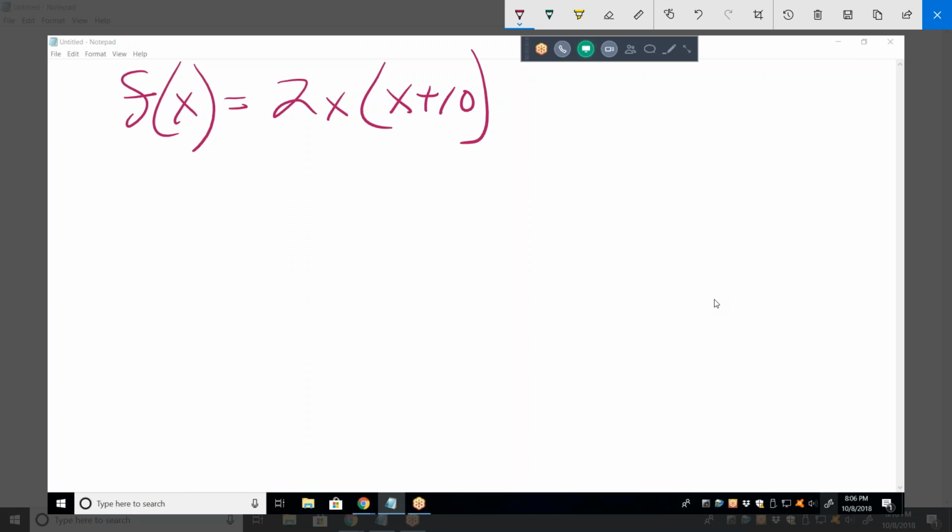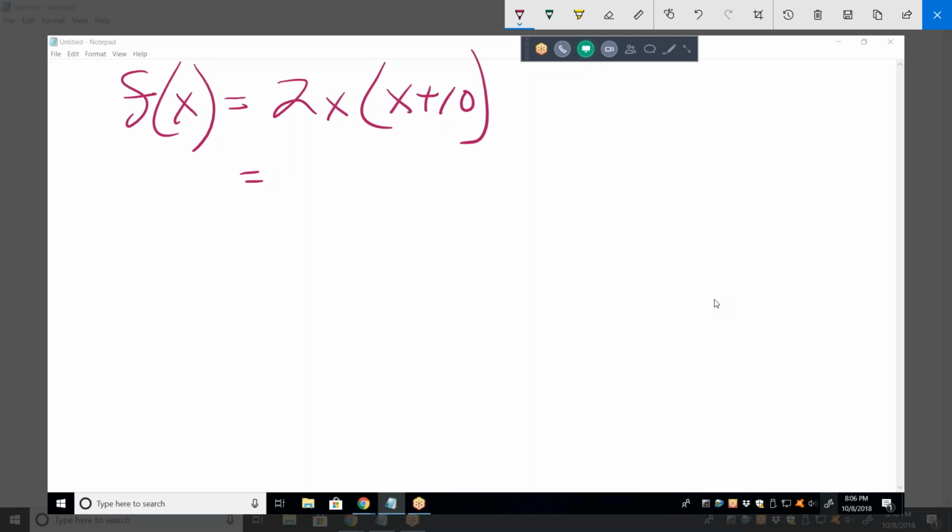This format is not any format. What do I have to do next? That's not vertex format, that's not standard. So what do we have to do? I guess identify the a, b, and c. No, it's not in any of those formats.